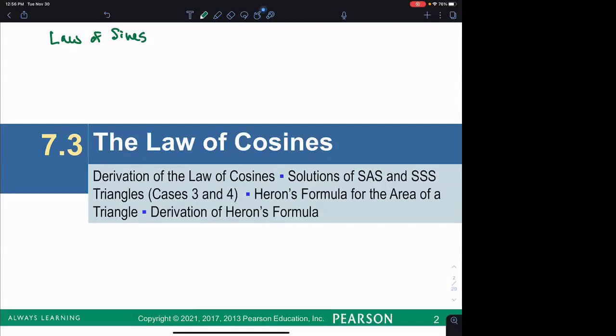We use the law of sines when we had angle, side, angle for a triangle provided, or when we had side, angle, angle, or angle, angle, side. When you have 2 angles and a side that's between them, or 2 angles and a side that's not between them, then we use the law of sines to solve those triangles. And I believe this was case 1.